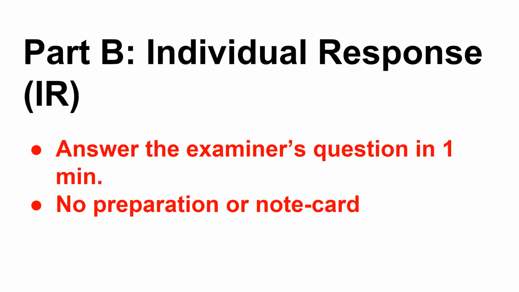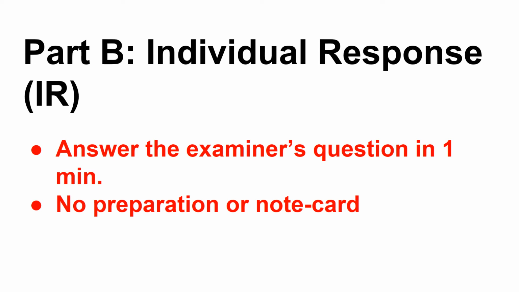In part B, the individual response, or the IR, you have to answer a question from the examiner, from the teacher, in 1 minute. You cannot prepare for it, and you cannot use a note card. So it is a lot more difficult than part A. So today we will work on this part.